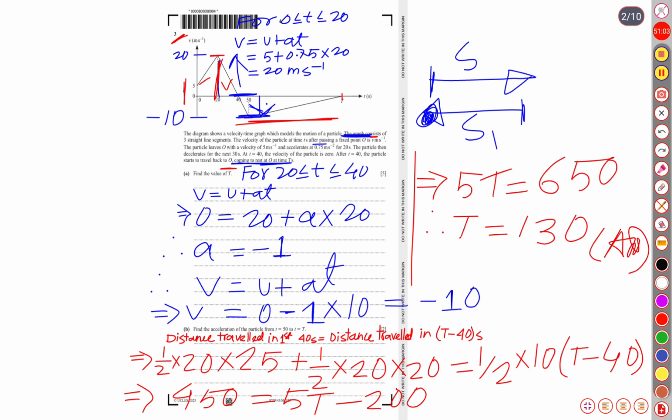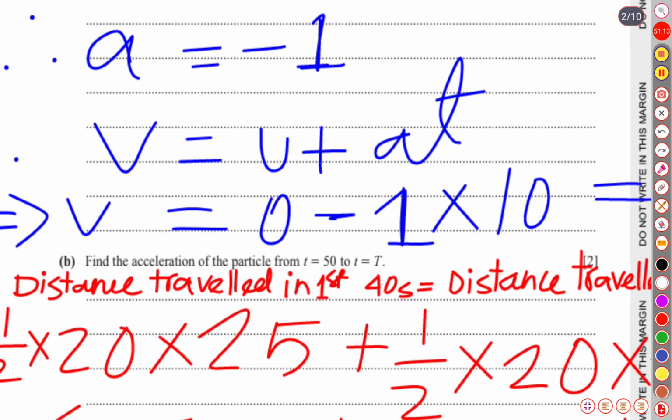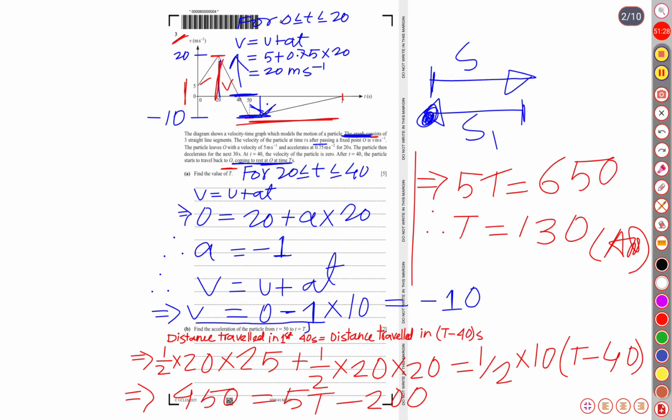Okay, now let's see what part B says. Question B says: find the acceleration of the particle from t equal to 50 until 130. So we can apply the simple concept v is equal to u plus at.